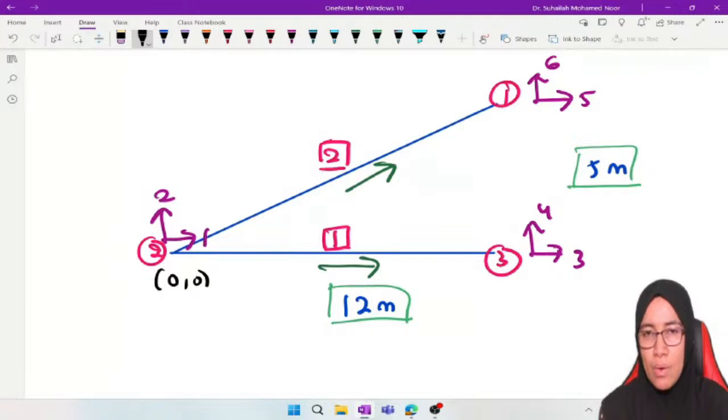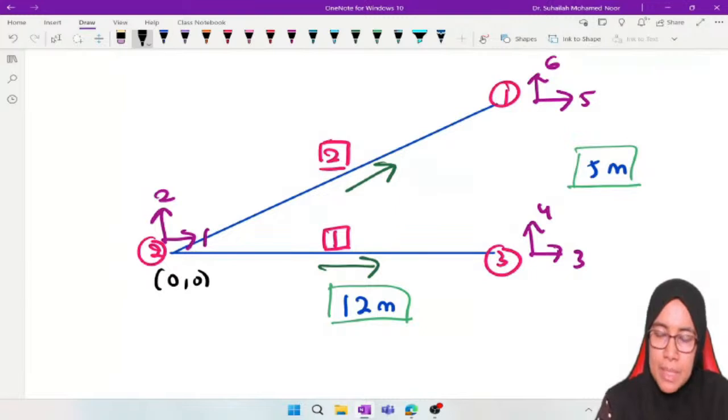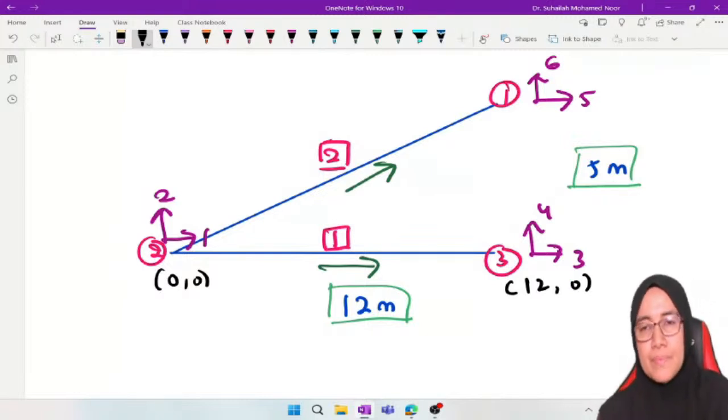At the origin, it is 0, 0. From this, we label the coordinate at node number 3: we get 12, 0.